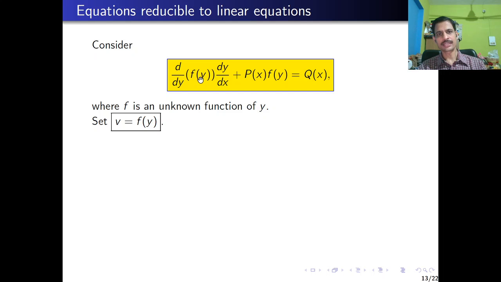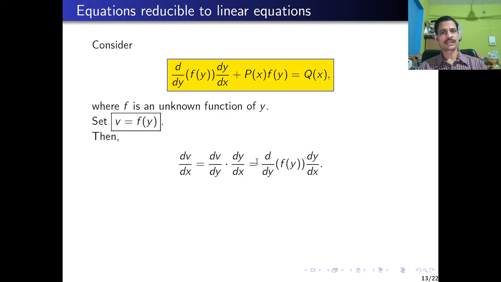And how to solve this differential equation? Of course, this differential equation is not linear in general. So the method of solving this kind of differential equation is you take v to be equal to f of y. So it is a new variable v is equal to f of y. Differentiate v with respect to x, what we get is dv by dy and dy by dx. So you replace v by f(y), we get d of f(y) by dy multiplied by dy by dx.